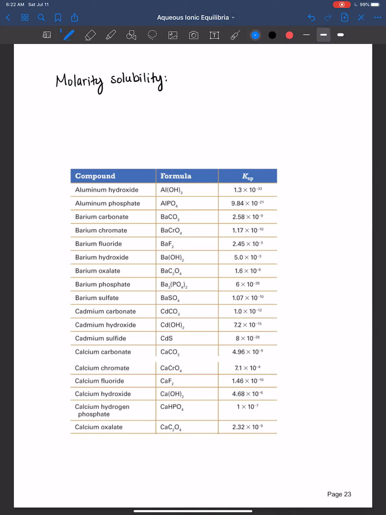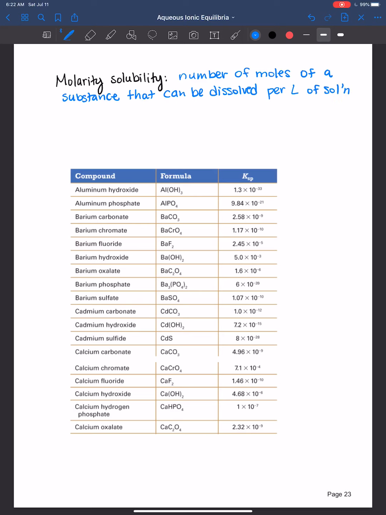So the molar solubility is the number of moles of a substance that can be dissolved per liter of solution.